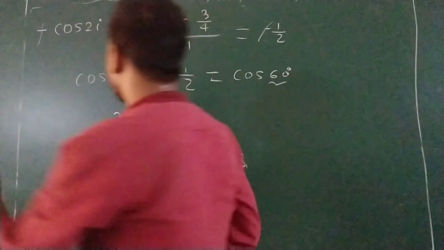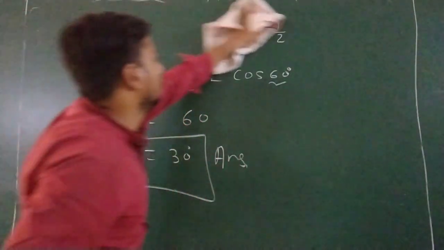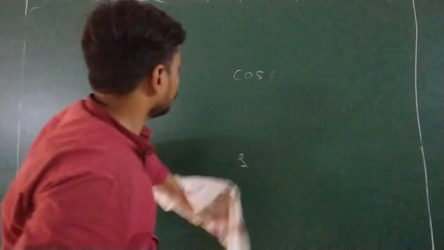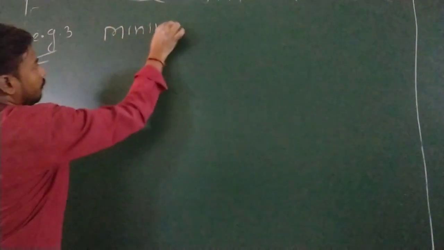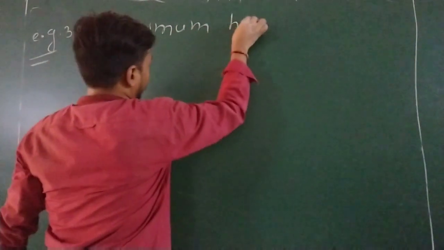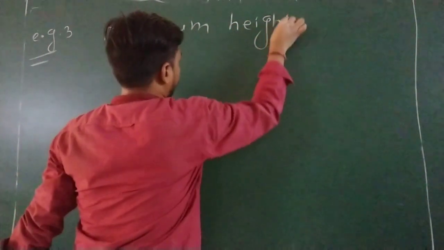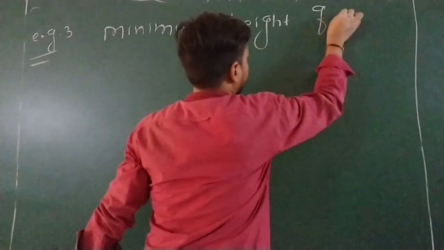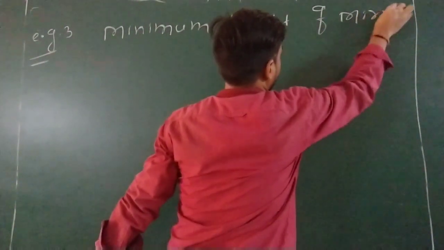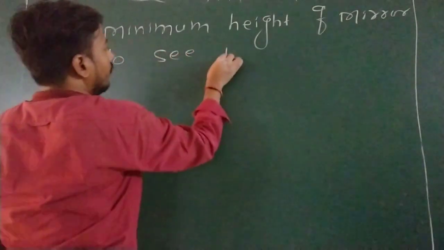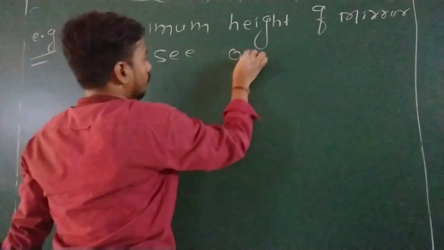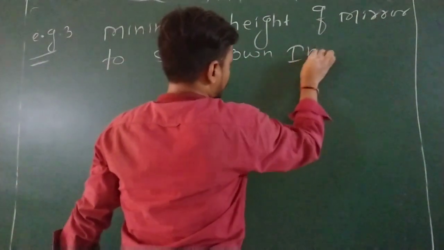So our next question will be, example 3: minimum height of mirror to see own image.